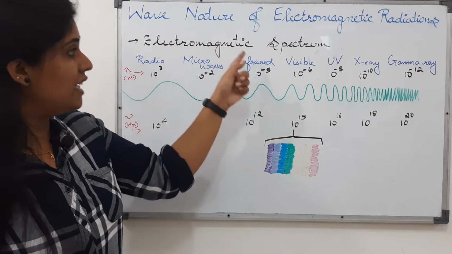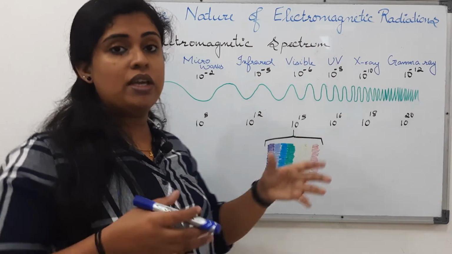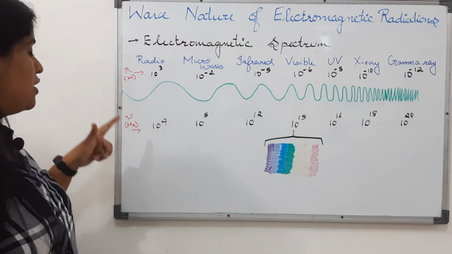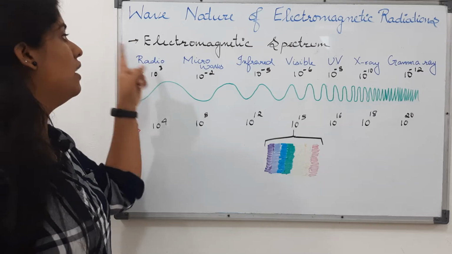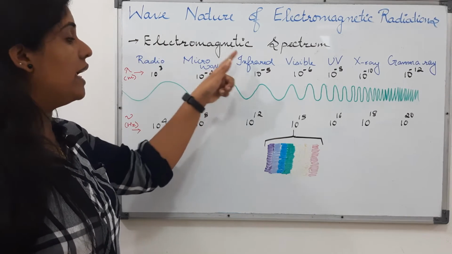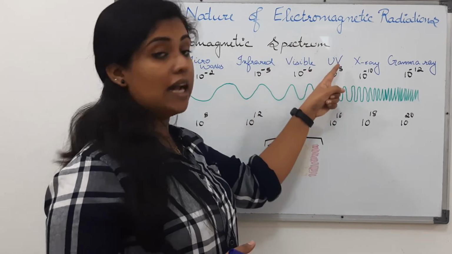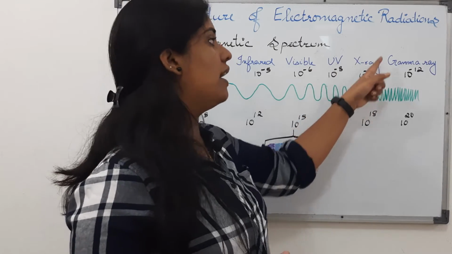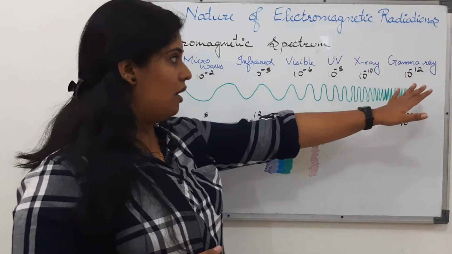These regions in the electromagnetic spectrum are given different names based on the wavelength and frequency. They are given names like radio waves, microwave, infrared, visible region, ultraviolet region, then we have the X-ray region, and finally the gamma rays region.